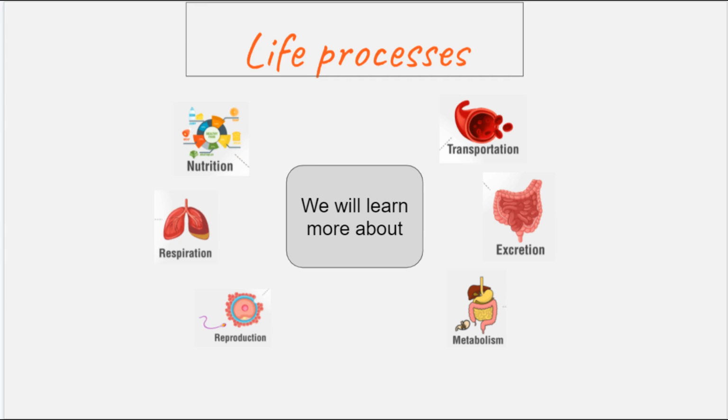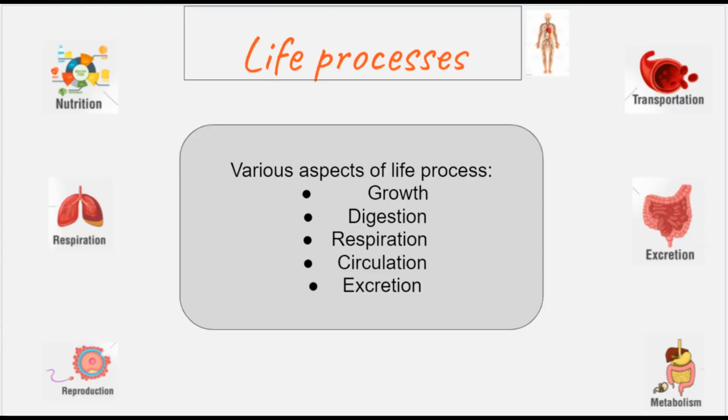So I'd like to show you a table which explains the life process and its various aspects. So you can see in the table the various aspects of the life process, that is growth, digestion, respiration, circulation and excretion. Let me give you an example.